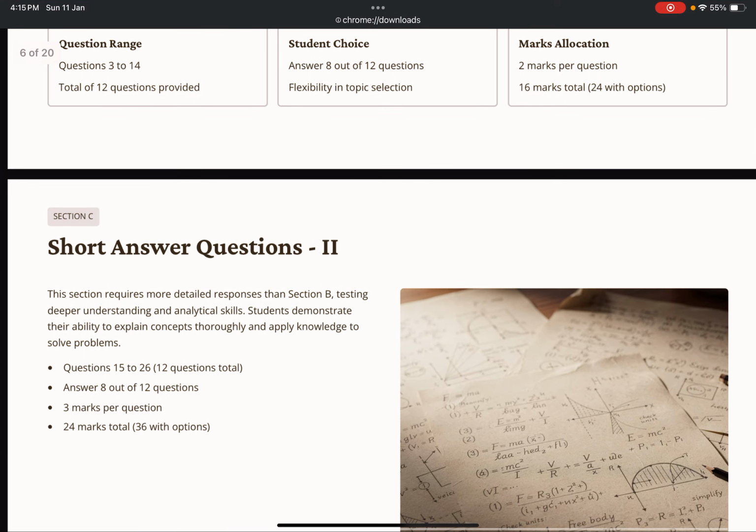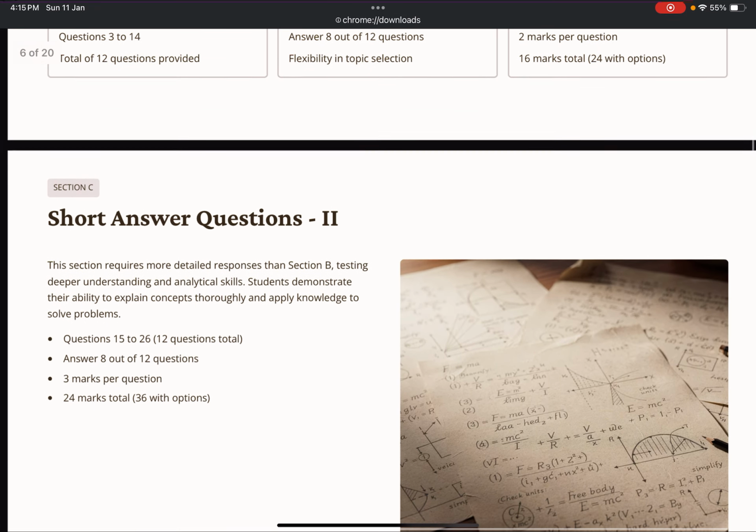The paper pattern of section C is slightly longer answers, or we can call them short answer questions of 3 marks. Earlier, the short answer questions were of 2 marks. In this section C, you'll have questions ranging from 15 to 26. So all in all, there are 12 questions, of which again only 8 are to be answered correctly.